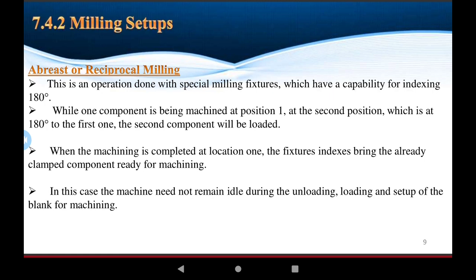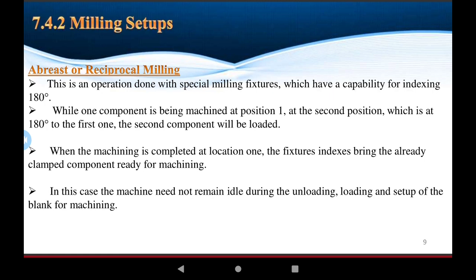The clamps are already in use while operations are performed, and when the tools complete one operation, the job is complete.